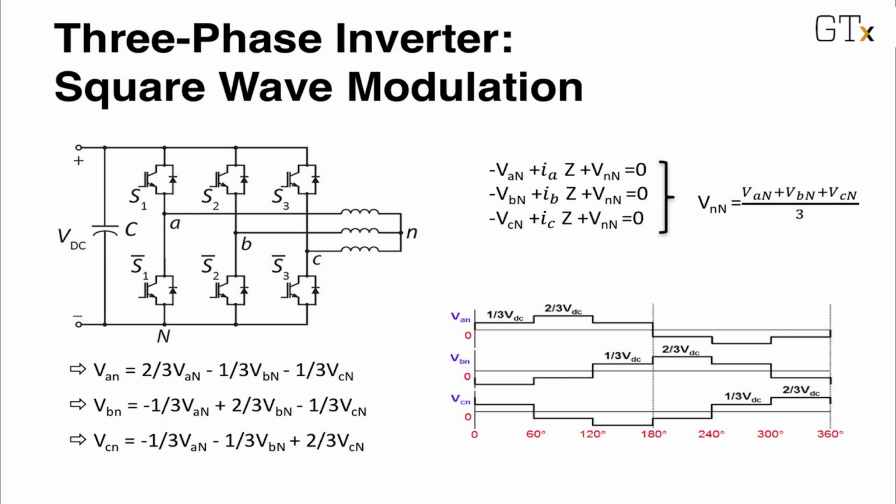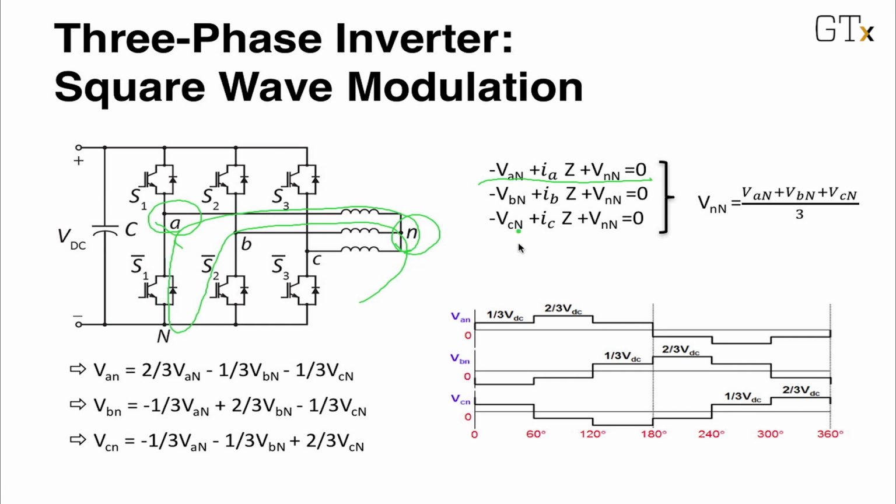If we look at the converter waveforms, we also sometimes need to look at the voltage of the phase terminal with respect to the load neutral point. And we need to come up with an expression for that as well. So the way we derive that is based on writing a couple of KVL equations in this loop, for example. So the first KVL is associated with the KVL in this loop.